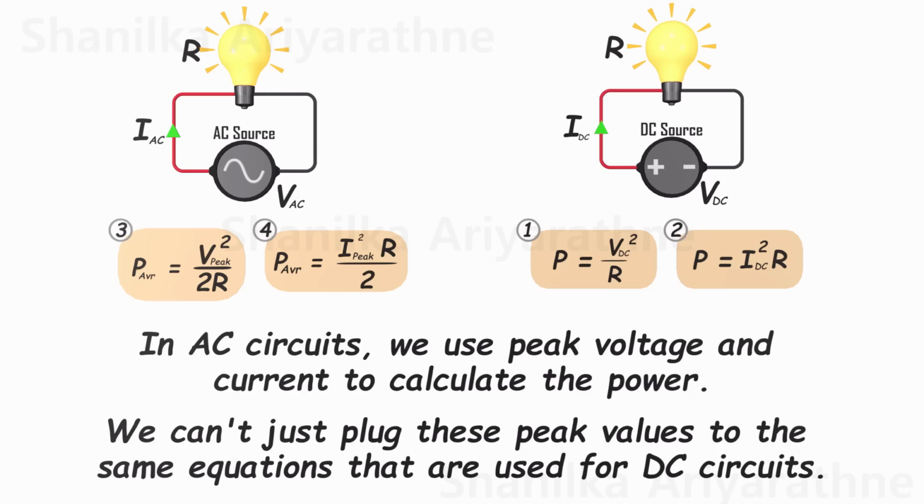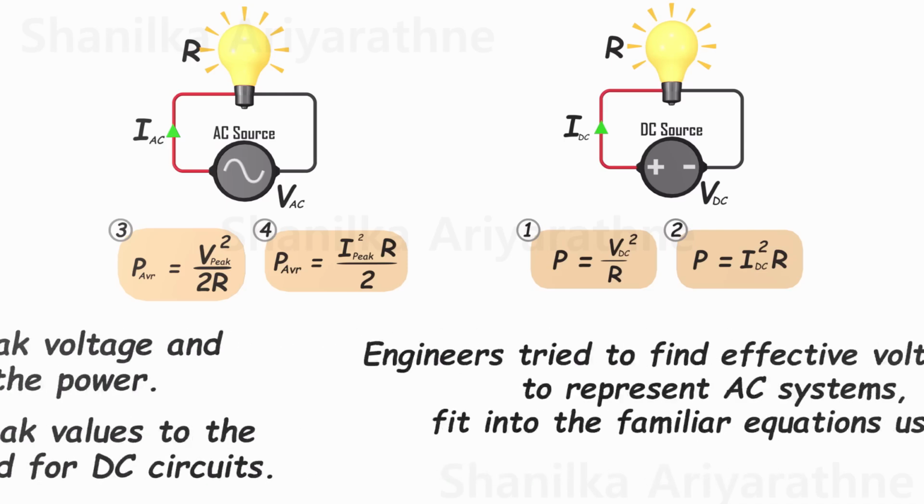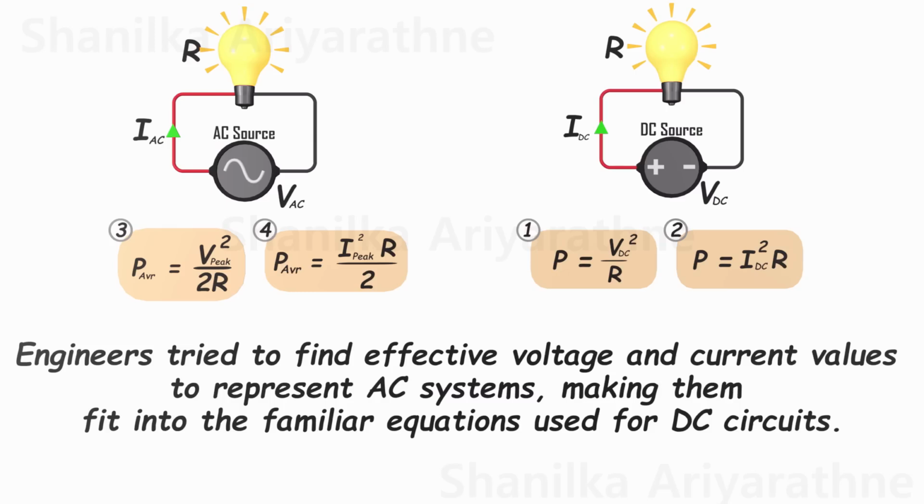This requires additional effort. So, ingenious engineers attempted to define effective voltage and current values to represent AC systems. These values allow us to portray AC systems in a manner that aligns with the same equations used for DC circuits. We're employing a simple trick here.